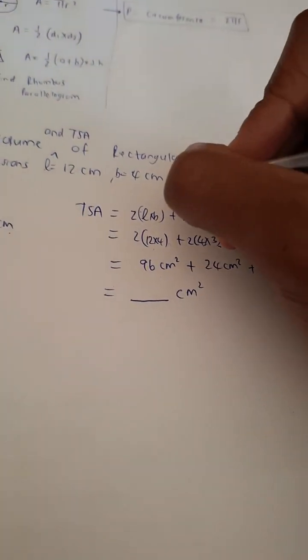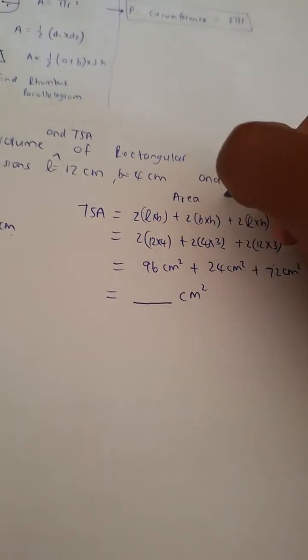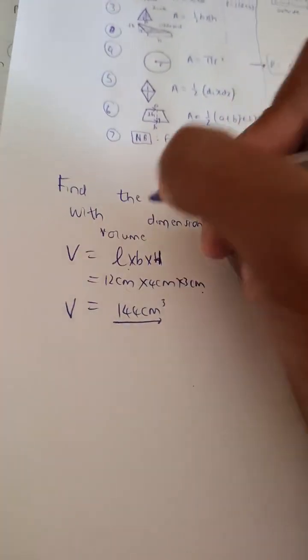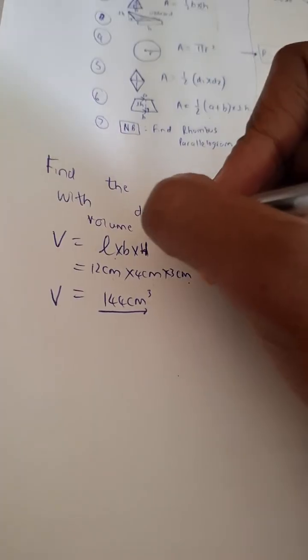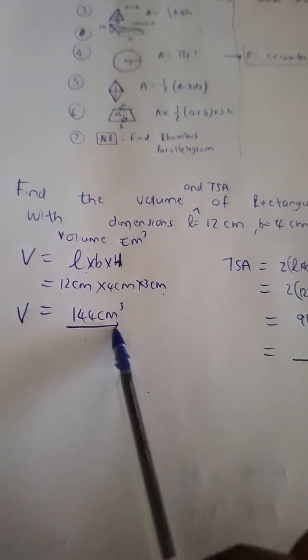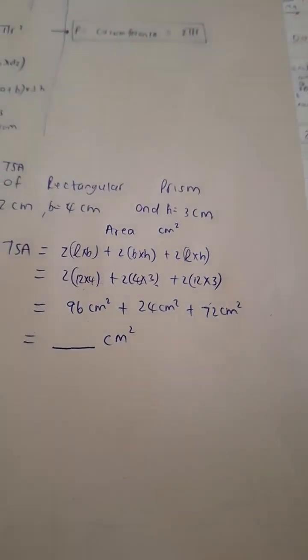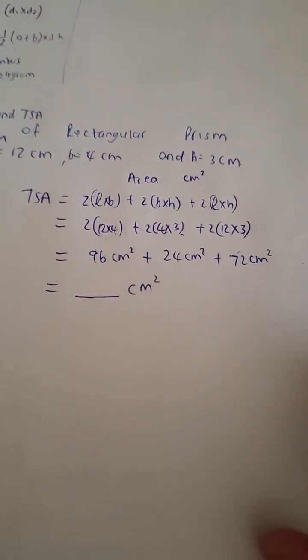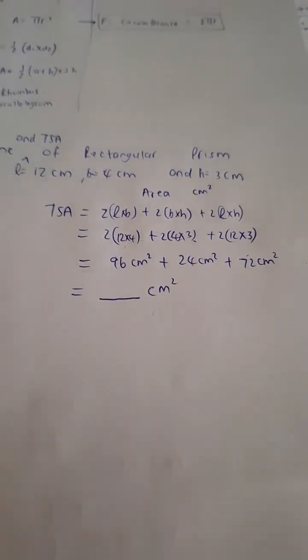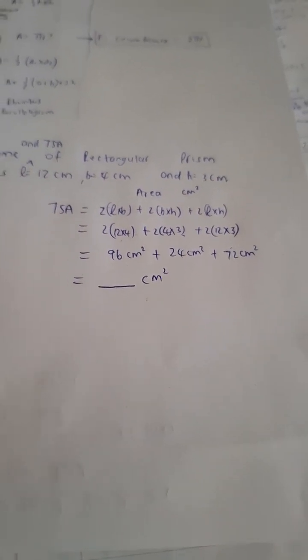Let's not forget that. Since we are dealing with area, our answer should be in square units. But since we were dealing with volume, we expected that our answer would be in centimeters cubed. Often forgotten sometimes is writing the answer in the form that it ought to be written. So we just need to make sure that we don't forget that. So what is the answer there? 96 plus 24 plus 72.